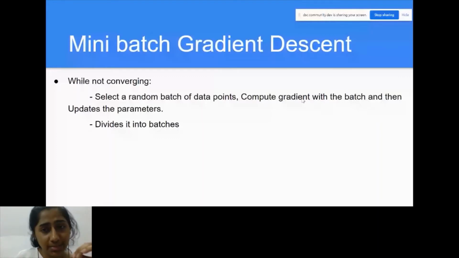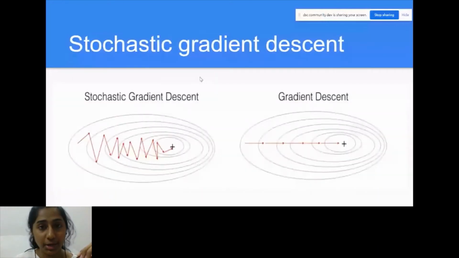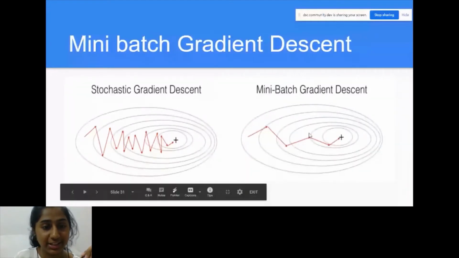Mini batch gradient descent is basically taking the pros of both stochastic gradient descent and also the normal gradient descent that we had been studying since morning. And now you can see the difference. This was going at random, but this is going a little better than the stochastic gradient descent.